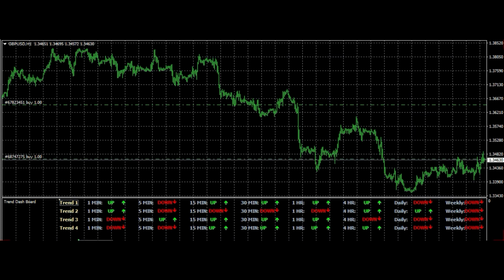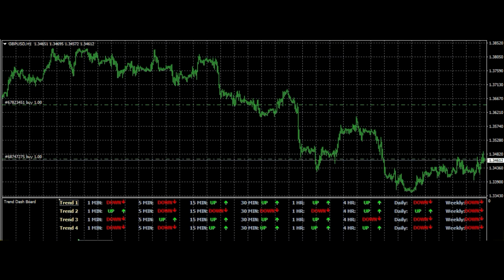Of course, you cannot trade only based on technical analysis. You will have some triggers such as fundamental analysis, some news, some plans, some important price level from the technical analysis, and so on. But it's very important to watch what's happening on multiple time frames. And this indicator is very good for that.